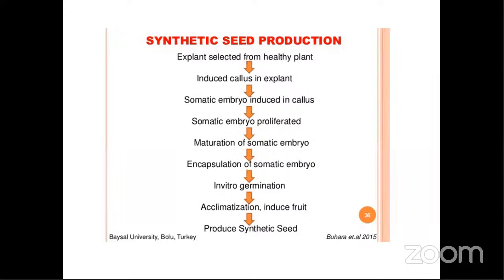Once you get a sufficient quantity of callus, then you go for subculture of that callus for somatic embryo production. After getting matured somatic embryos, then you will go for encapsulation of that particular somatic embryo. Next, please.